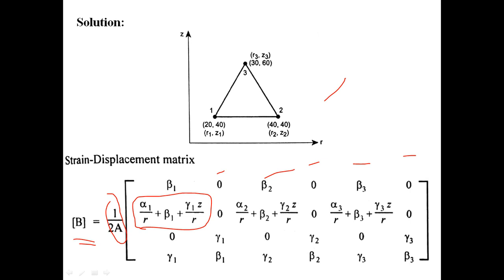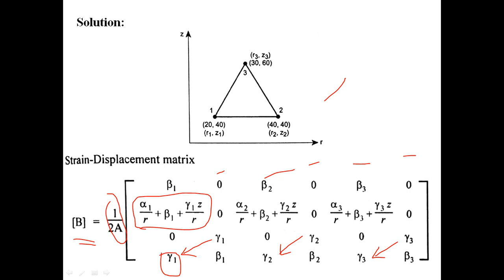Any kind of value should not be repeated in the same column; it should simply be skipped. That's why I mentioned this arrowhead: gamma 1 in the third row second column, and in the fourth row first column gamma 1 is going to be raised. So just keep the formula in your mind.